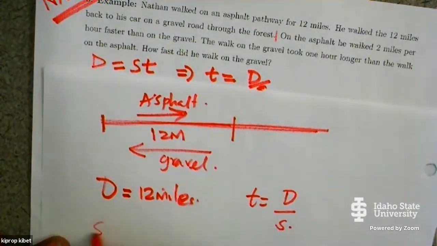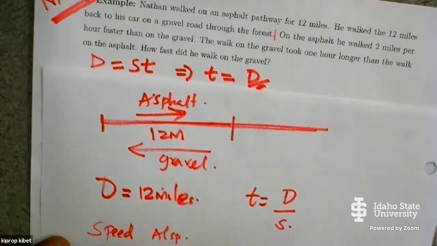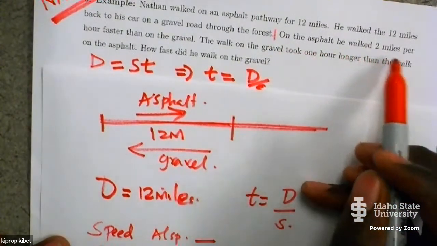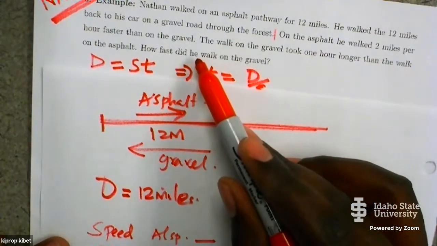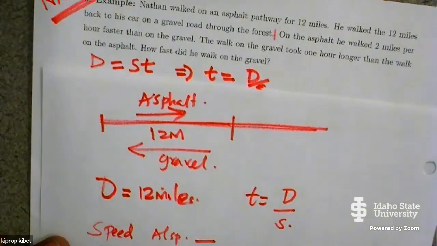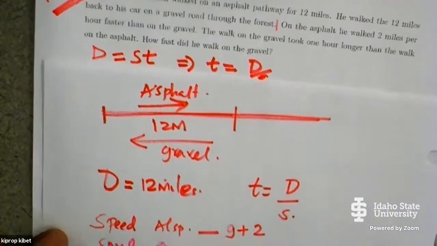So we can say the speed on asphalt and the speed on gravel. He walked 2 miles per hour faster than the speed on the gravel. So we can take the speed on the gravel to be G, and the speed on the asphalt would be G plus 2.